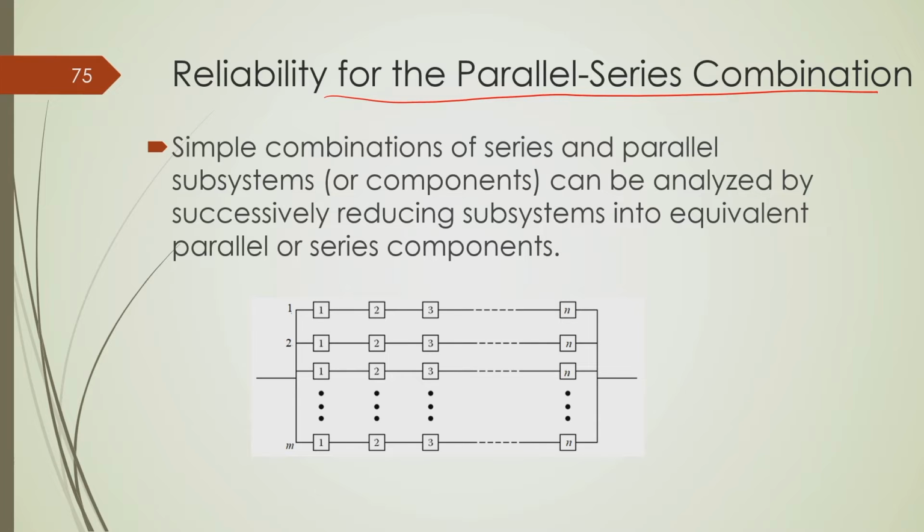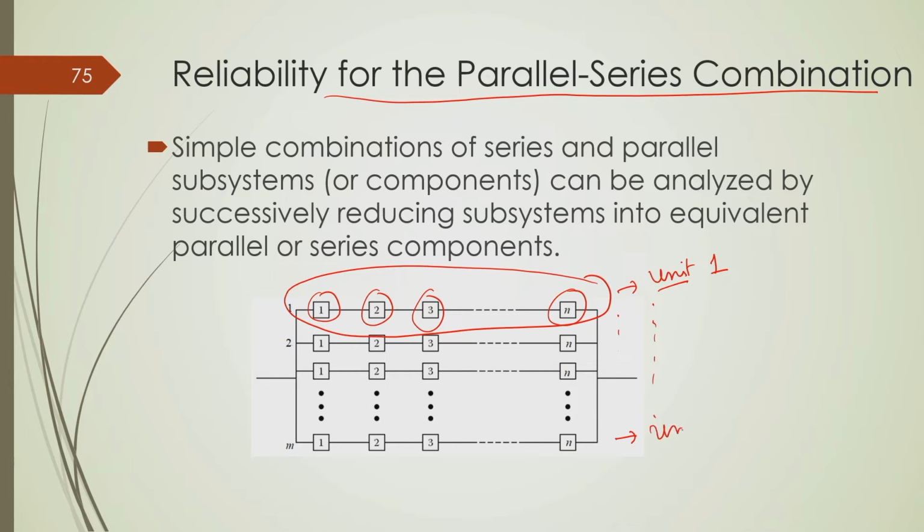Let us consider we have n number of equipments which are connected in series, and this will constitute one unit. This is unit 1, and there are m number of such units.